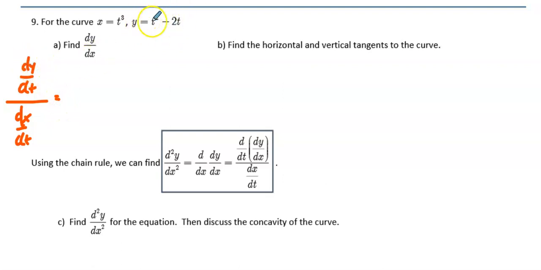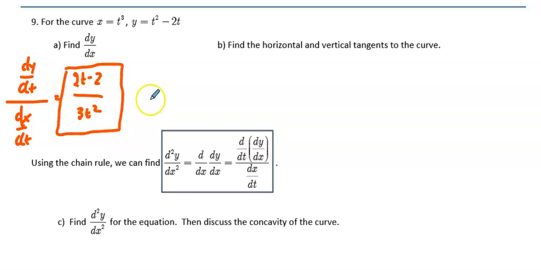We're going to take the derivative of y first, just like we normally would. This is going to be the power rule, so this is going to be 2t minus 2. And then we're going to take the derivative of x with respect to t next. It's always dy over dx, so it's going to be 3t squared. And ladies and gentlemen, that is your derivative. It is that simple.